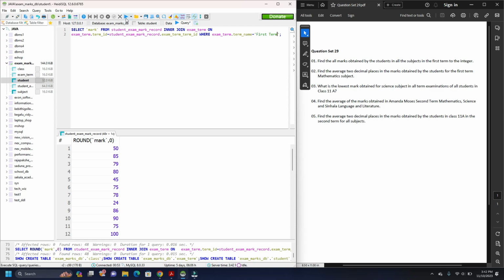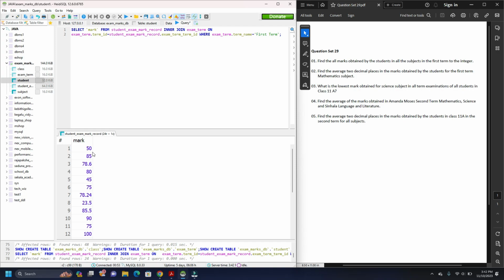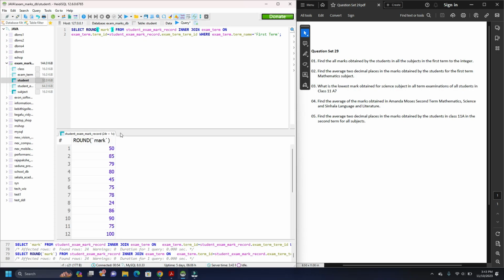If we execute this query, we get the marks without rounding it to the integer. To round it to the integer, we have to put round and mark inside it. And there you go. Let's see the results. And there you go. The marks are rounded to the integer.